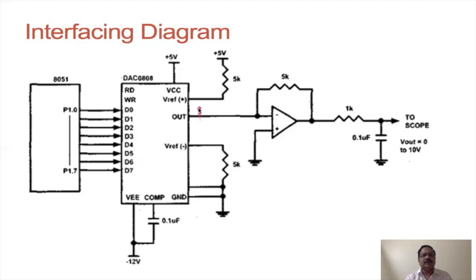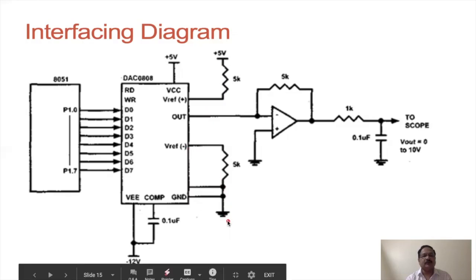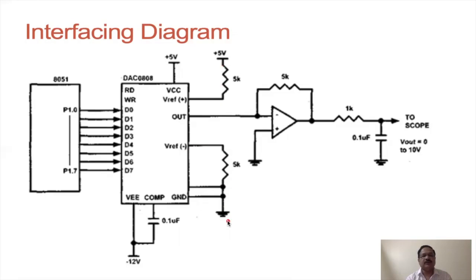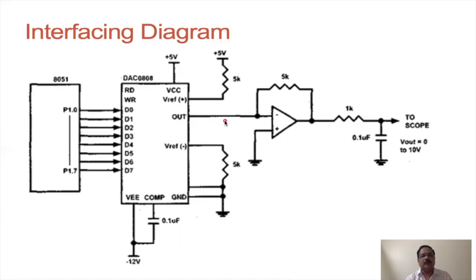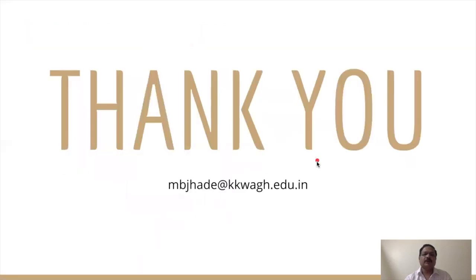The reference is connected here through this 5K resistor to the 5 volt, and the reference negative is connected to ground. So that is the simple interfacing for the D2A converter. Whatever digital input we apply, the DAC will convert that into the analog form. That output will be in current. Then we need to convert that into voltage using the op-amp as a current to voltage converter. So that is about the D2A converter.